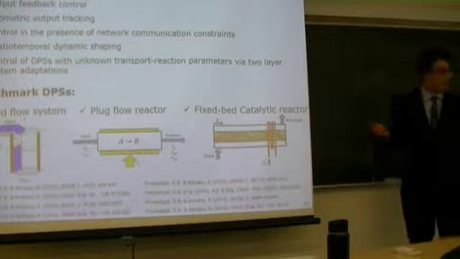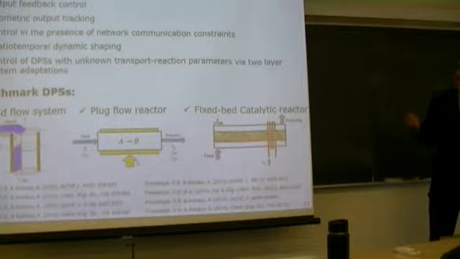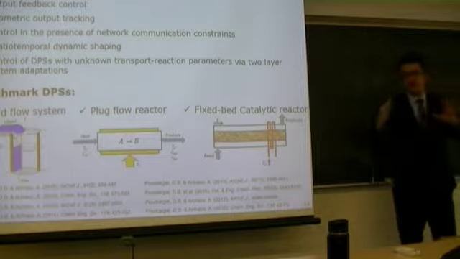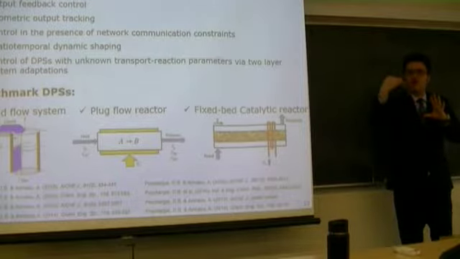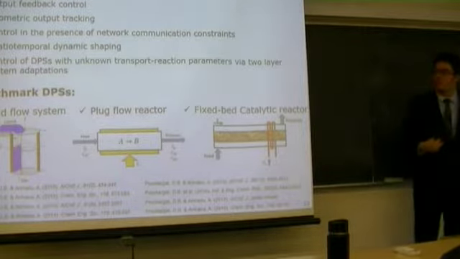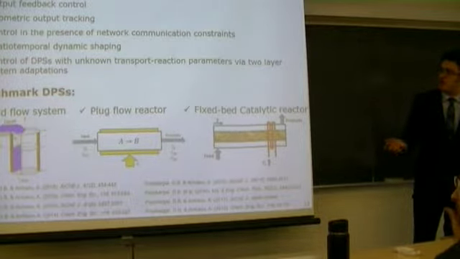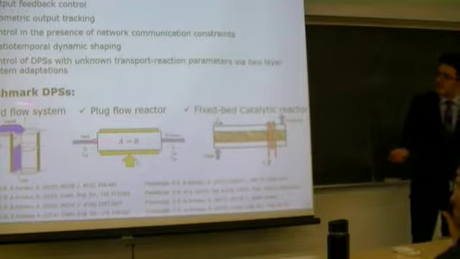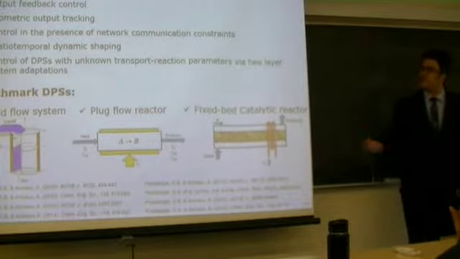We used it for spatiotemporal dynamic shaping, and we also use it for systems with unknown transport reaction parameters by taking advantage of two-layer adaptation, one layer to revise the reduced order model required for the controller design, and the other layer for estimating the required parameters for the controller design. We implemented this methodology on some benchmark distributed parameter systems like fluid flow systems, plug flow reactor, and fixed bed catalytic reactor.